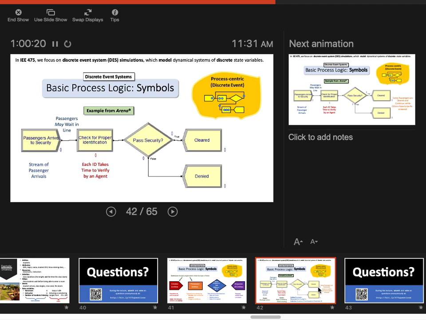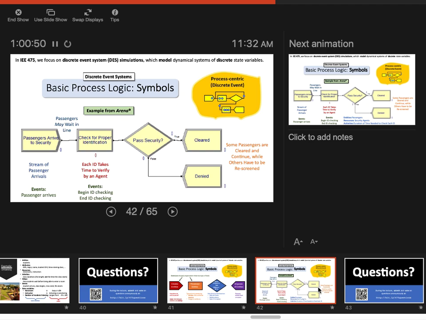The delay comes into play: Arena knows that there's a limited resource in here, so it will automatically build a queue for you. And if entities try to enter this block when this block is busy, it will queue them up between these two. So you actually would just see them wait. And then once the resource is available, the one at the head, or however you design your queue, will then go into the block. And then these, again, cleared and continue, they make the entities disappear.